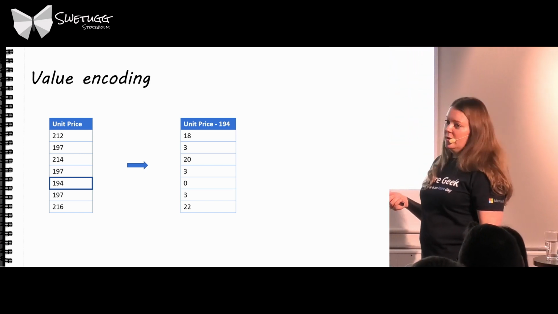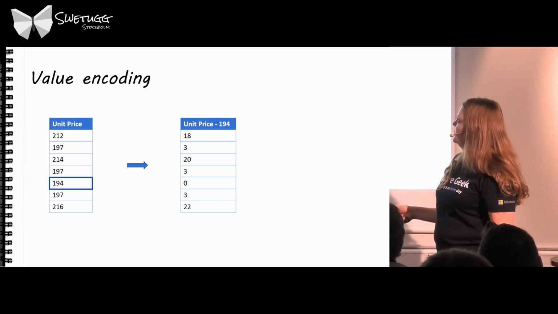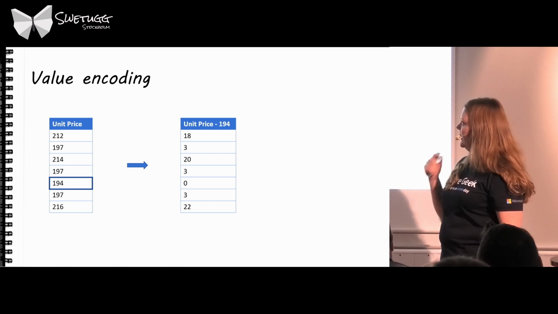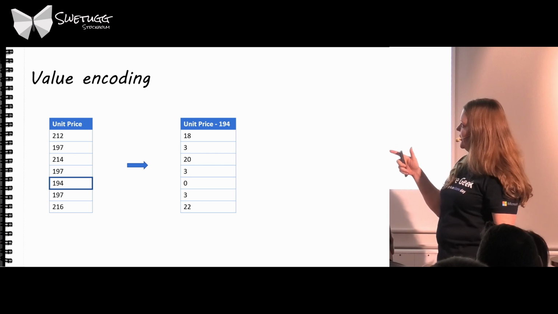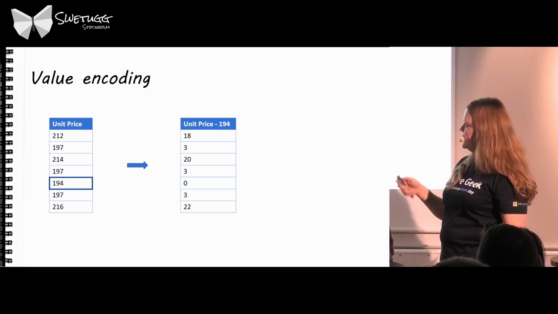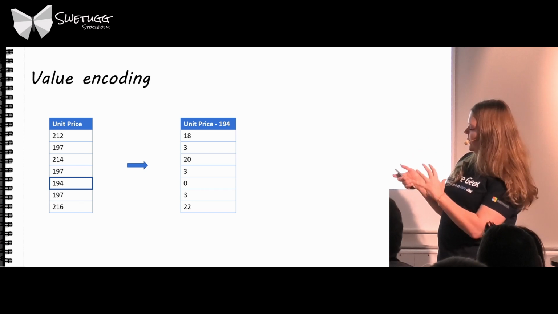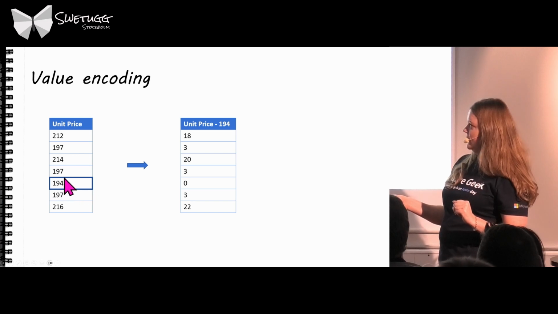There are different compression techniques. I want to say about two of them. First is value encoding, and this is mostly for integers without a large range, because if you have big numbers here, Power BI tries to optimize and allocate the least possible number of bytes for every cell.